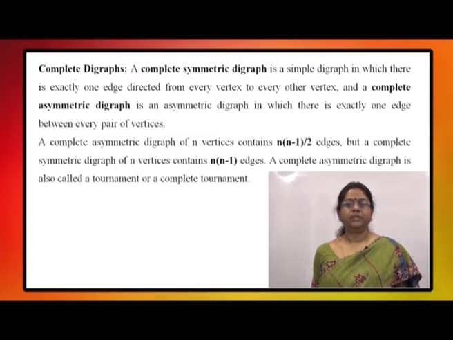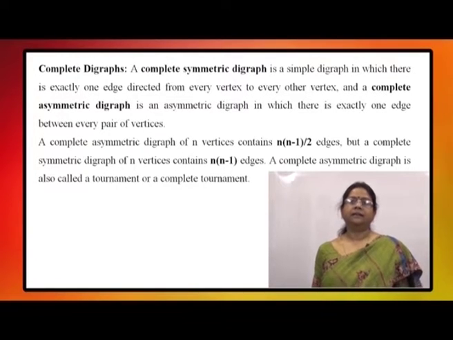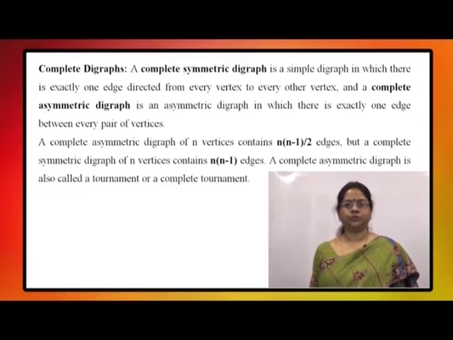That is, between every pair of vertices there are two edges oppositely directed. And a complete asymmetric digraph is an asymmetric digraph in which there is exactly one edge between every pair of vertices. Exactly the same definition was true for an undirected graph.